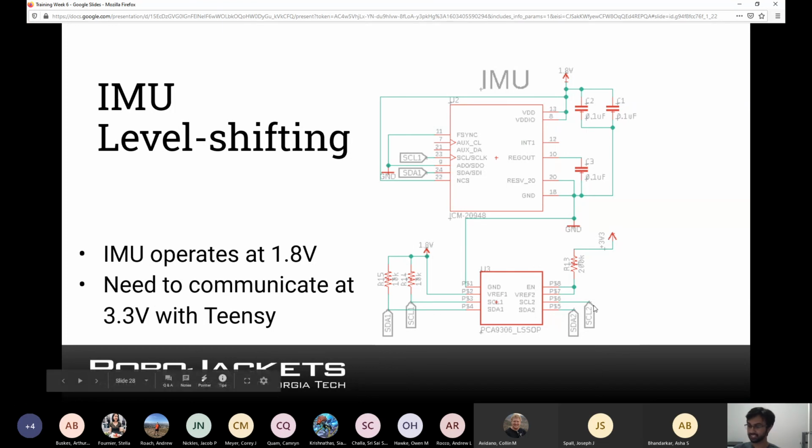So the level shifter takes inputs that are at 3.3, which you can see here, and turns them into 1.8 volt signals on this side. That way you're not going to blow up the pins of a 1.8 volt device by giving it more than its allowed voltage. Did that answer the question?